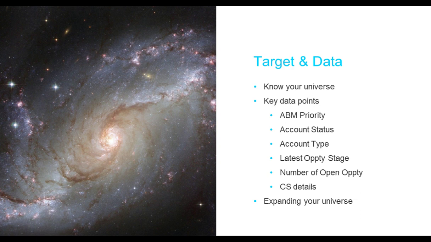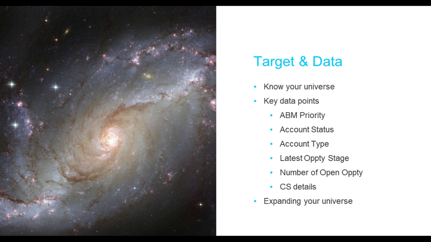So as Nina mentioned, your universe. Here at Folloze, we absolutely know our universe, and I would like to share with you, behind the curtains, how we actually classify and track our data within Salesforce.